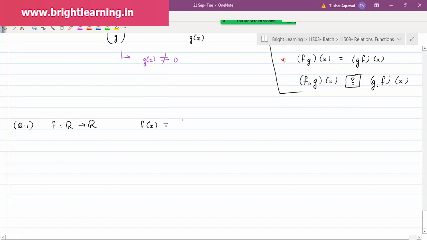f of x is equal to x minus 1 under root, and g is also defined from R to R, where g of x is equal to 5 minus x under root.